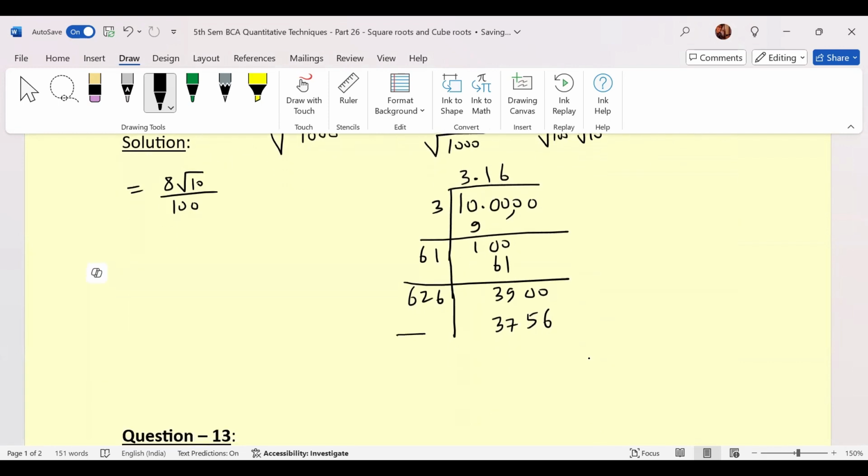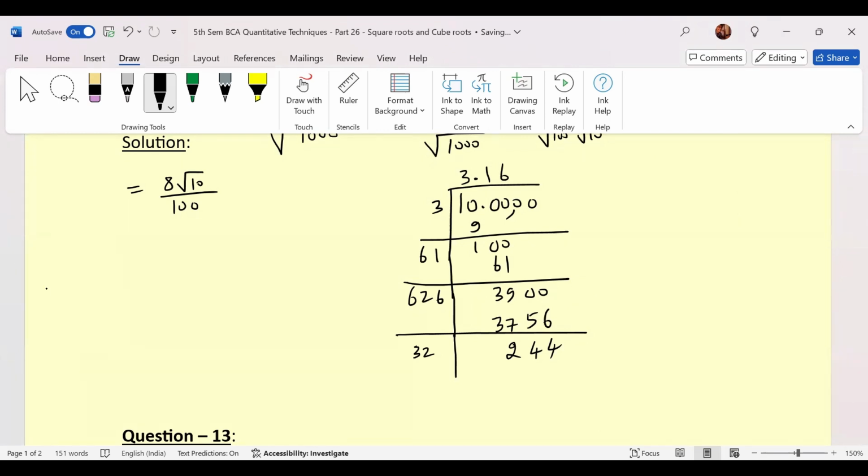Next, if I subtract this, it will be 442. Double this 316, we get 632. We have to put further zeros. I think we can stop with these 2 digits only.